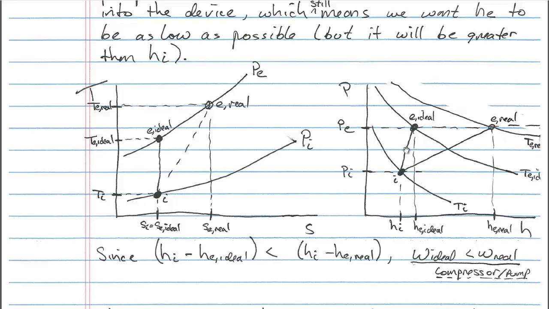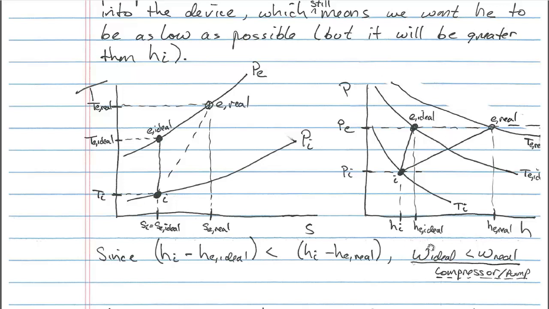In other words, if I'm your customer and I want you to design a compressor or a pump for me, I'm going to tell you, I need my exit pressure, I need your pump to deliver pressure at X PSI. So that's a fixed constraint for you as an engineer. So your job then is to design that pump to deliver that pressure with as little work as possible.